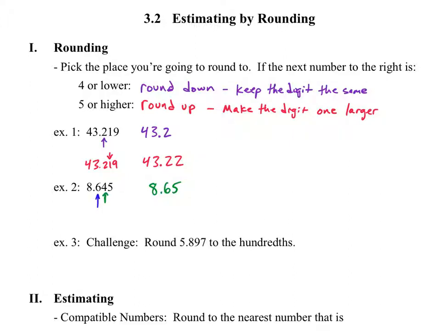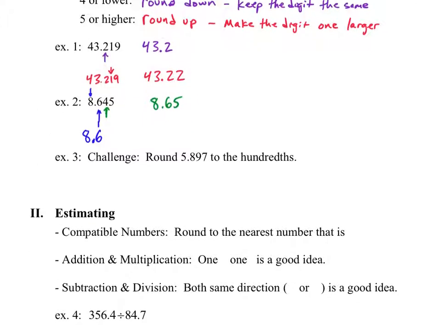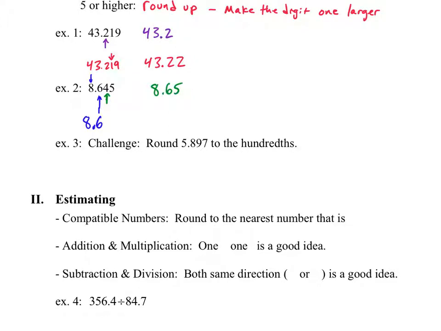Well, do I leave it a 6, make it a 7? That next number right here is a 4. So since that number is a 4, I round down, or I just leave it a 6. So 8.6. Another way you could round it would be to round it to 9. If you were rounding it to this spot right there, the next number is a 6, so you'd round it up to a 9. So pick what place you're going to round to, and that determines sometimes whether you round up or round down.